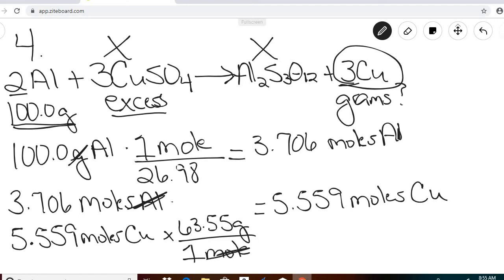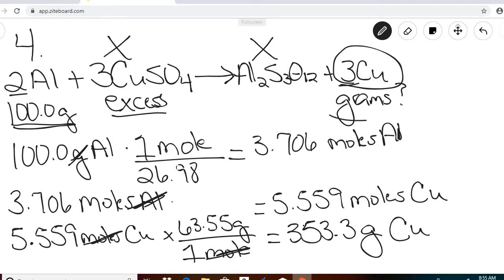So moles will cancel, and we'll be left with grams of copper. 5.559 times 63.55 is equal to, with 4 significant figures, 353.3 grams of copper.